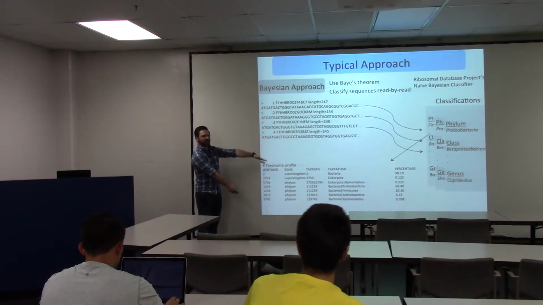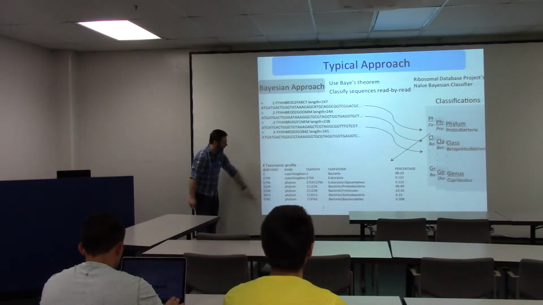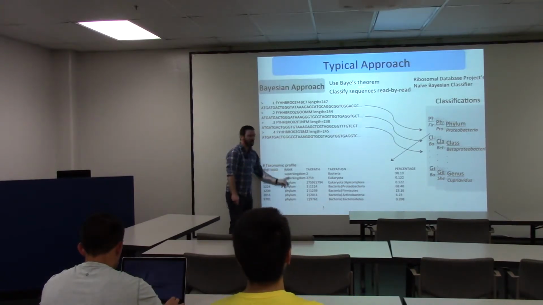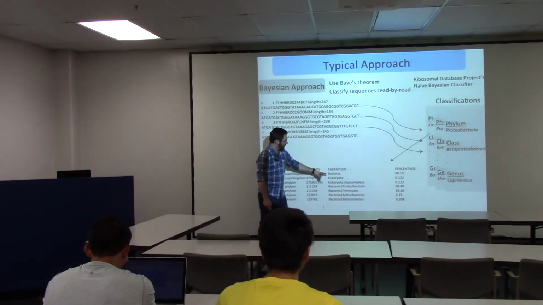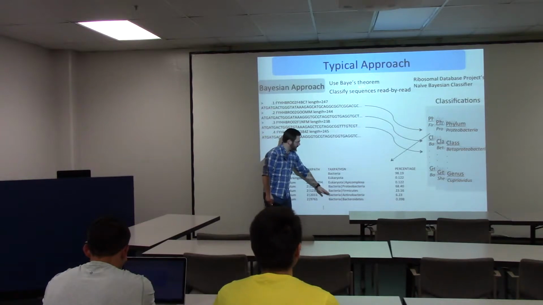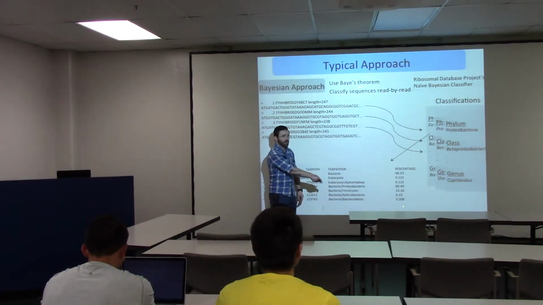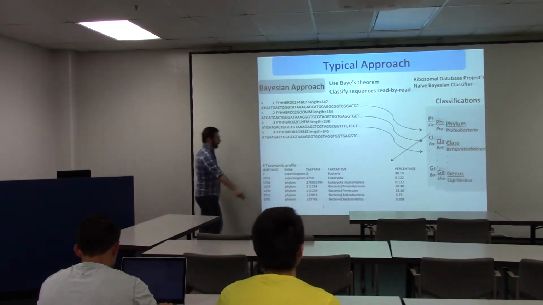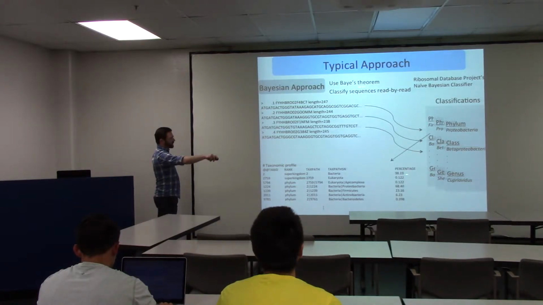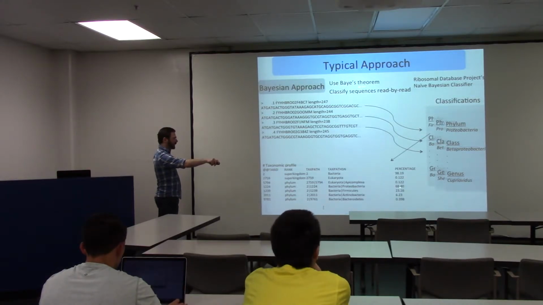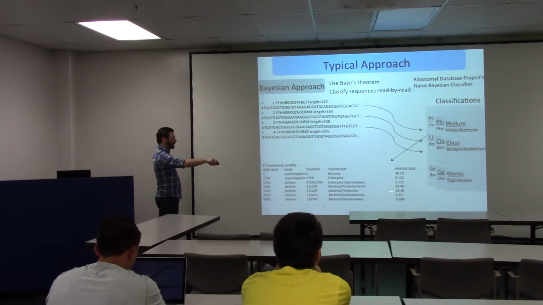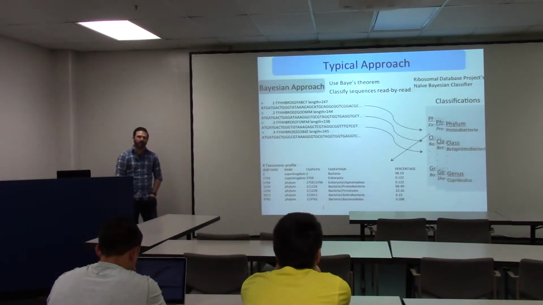And so this is what a taxonomic profile looks like. It's a list of different taxonomic ranks and tax IDs, different taxa names, as well as their relative abundance. So for instance, this taxonomic profile says that 98.2% is bacteria, and let's see here, we have mostly proteobacteria and a bunch of firmicutes as well, et cetera.